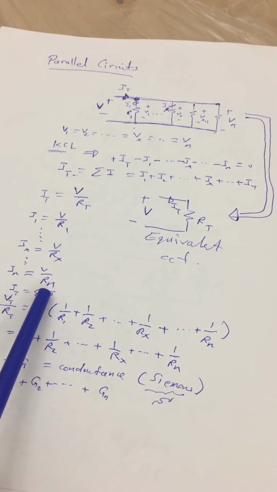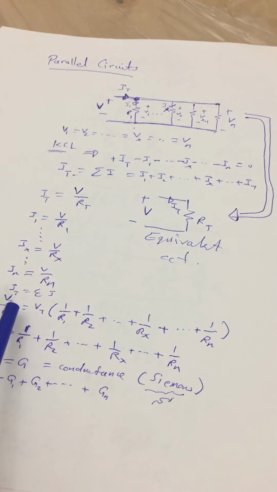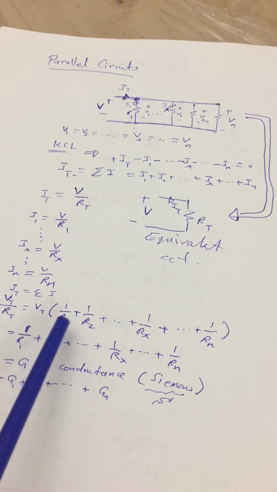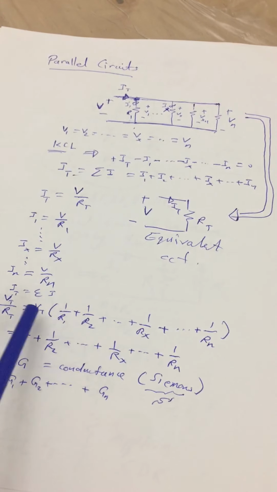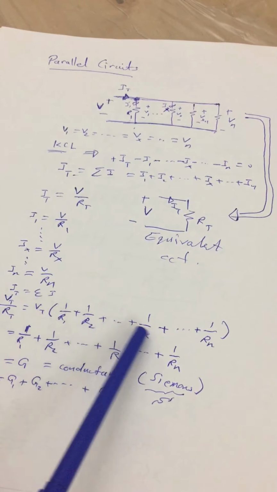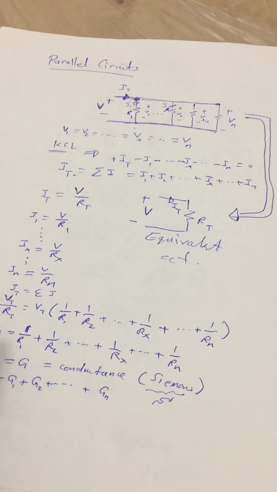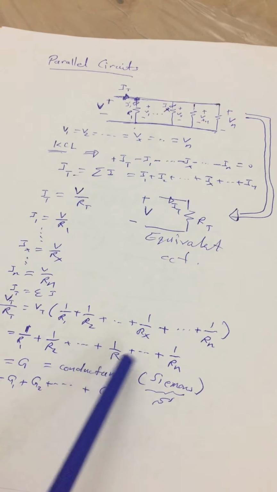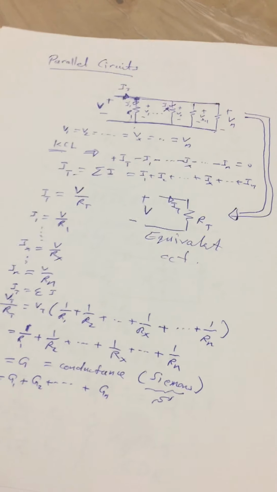So I total is the sum of all currents, which means that V total over R total is equal to I1, which is V total over R1, I2, which is V total over R2. So we take V total as a common variable, so we get 1 over R total equal 1 over R1 plus 1 over R2 plus 1 over Rx plus 1 over Rn.